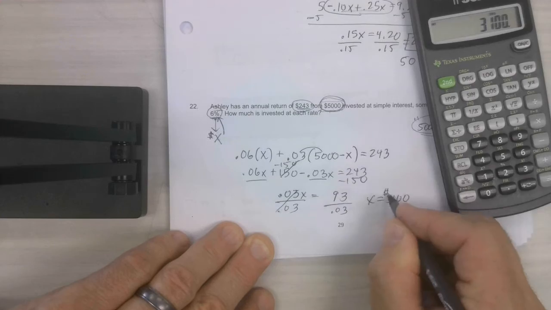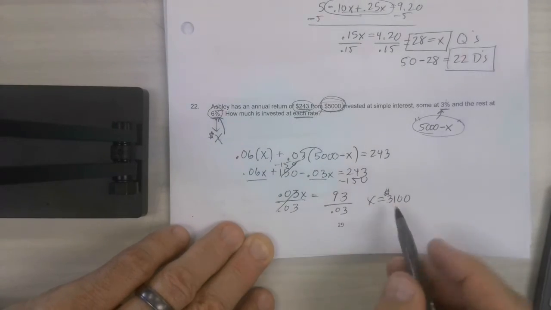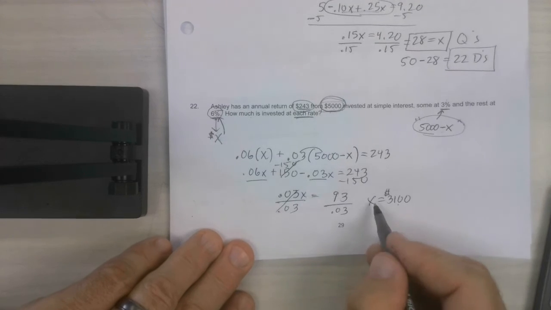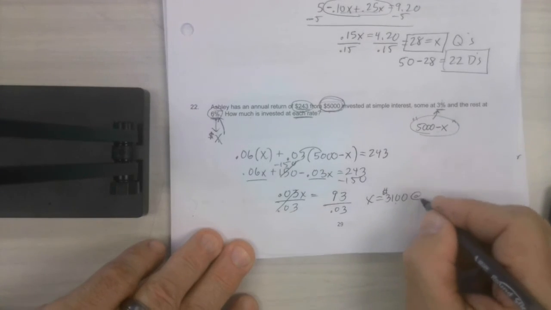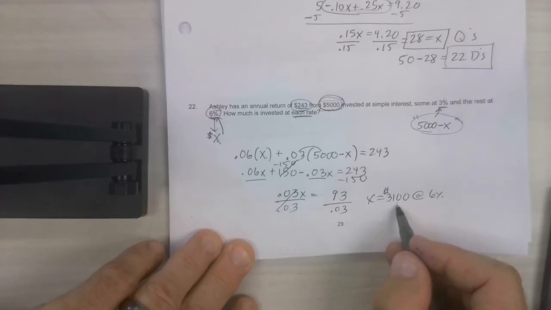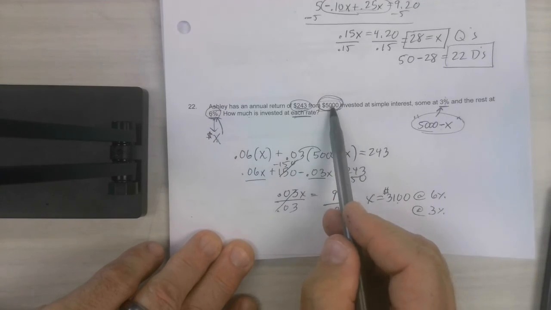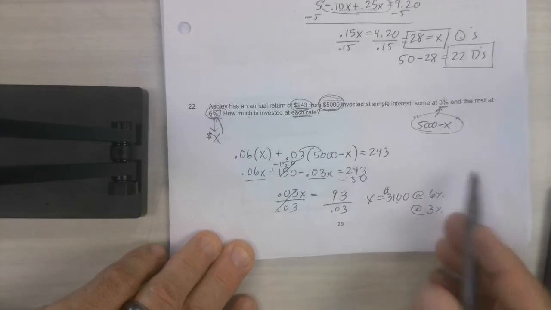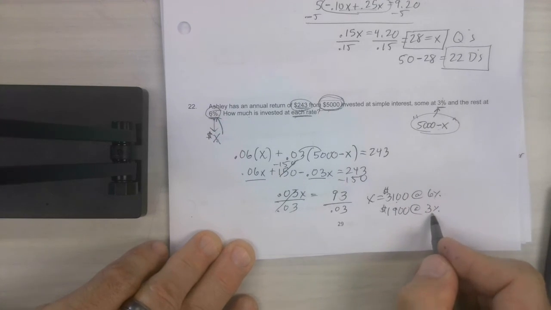But let's go back to the question. How much is invested at each rate? Well, 3,100 is my x. That's how much I decided to put into my 6%. So that's at 6% interest. And whatever's left over is at my 3%. Well, if I have 5,000 and 3,100 of it went into here, that means 1,900. The rest has to go into the 3%.